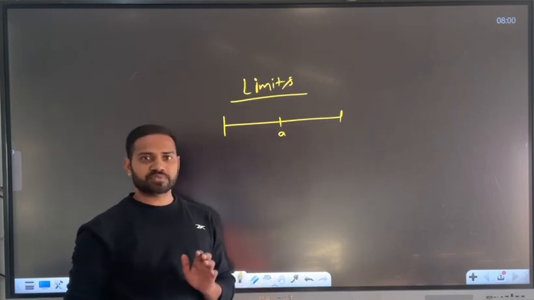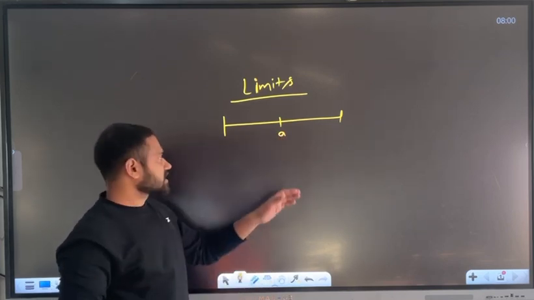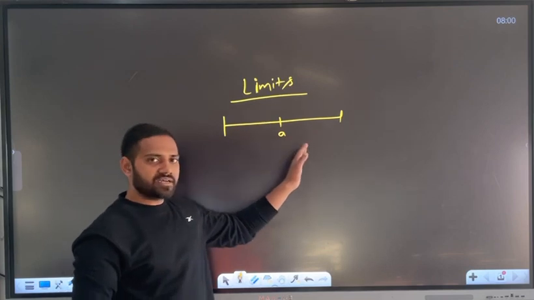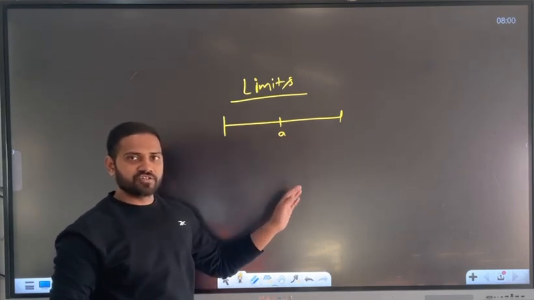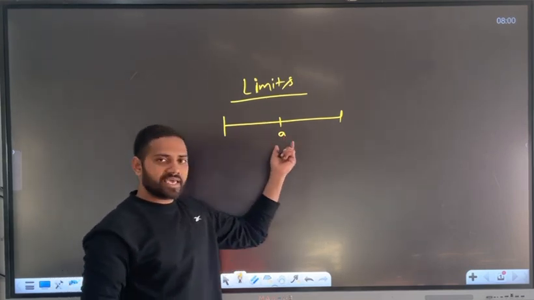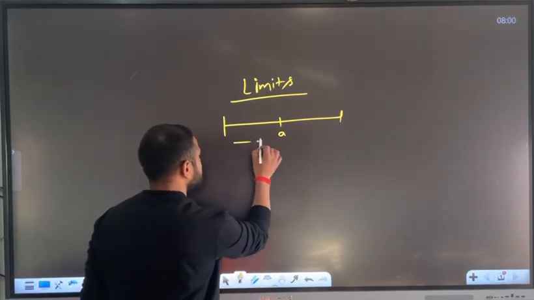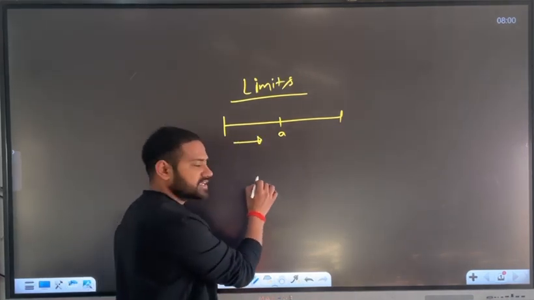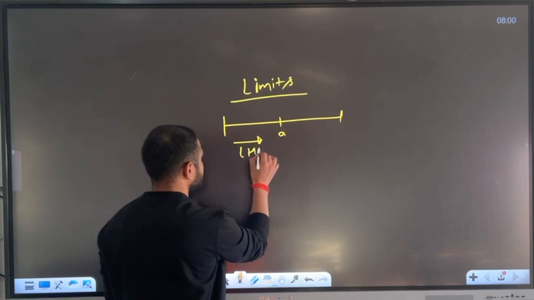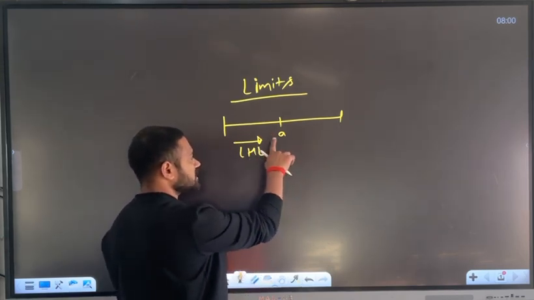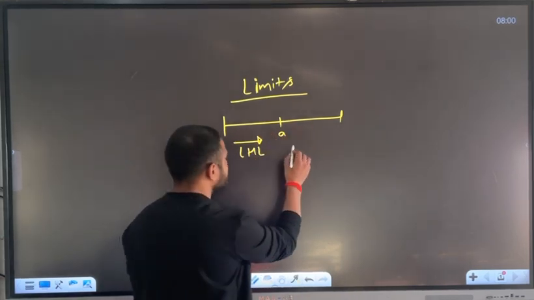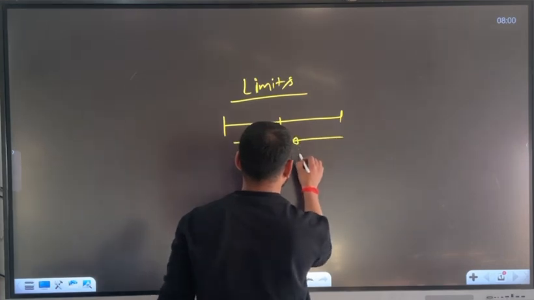Then we have two options to approach a, that is either from the left hand side or from the right hand side. If we approach a from the left hand side, then we will call it left hand limit. And if we approach a from the right hand side, then it is called right hand limit.